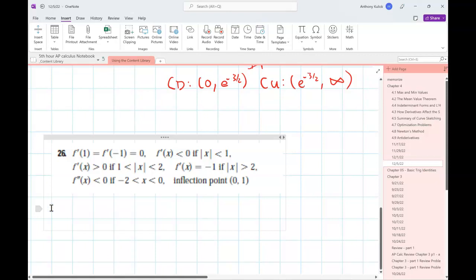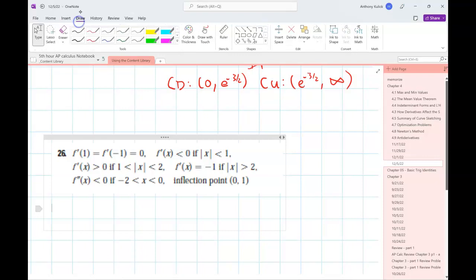All right. So the directions for this are just to sketch the graph that has the following attributes. So I would start, when I look at this, I hate that. I'd want to start by just rewriting that in a way that I'm not going to be confused by it.